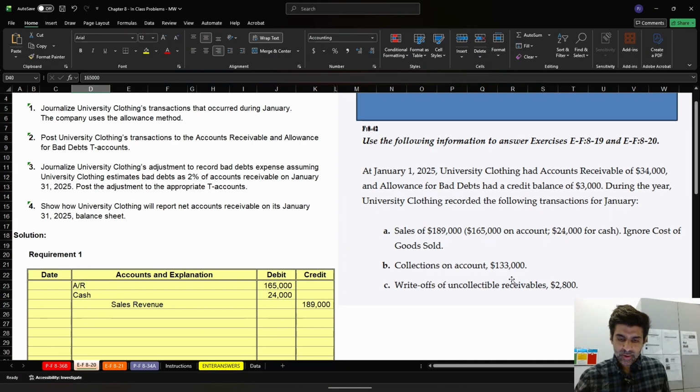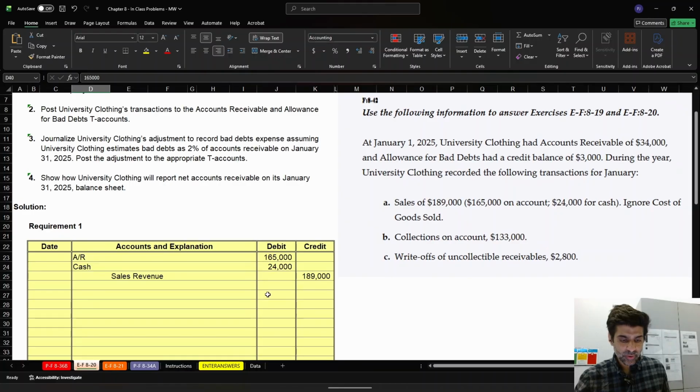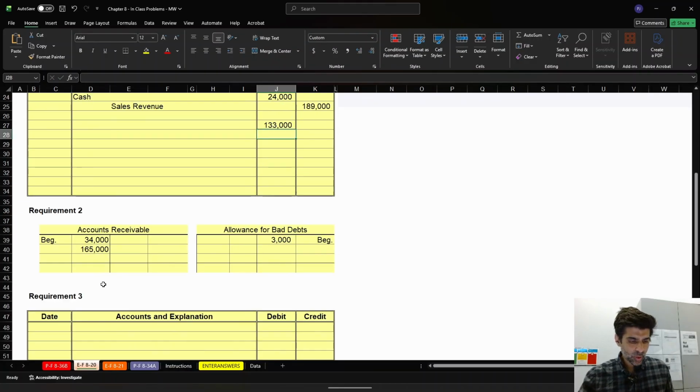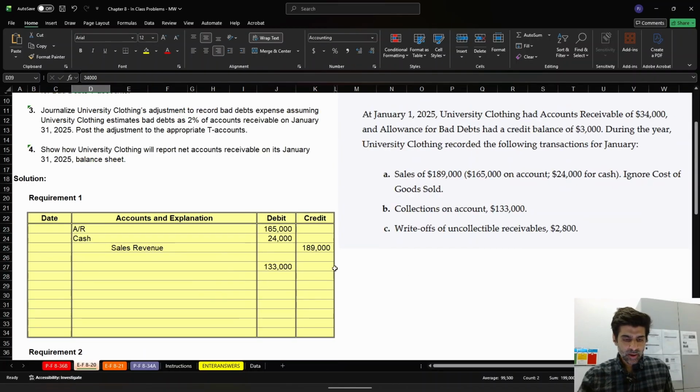Collections on account, 133,000. So what that means is that of this total, right now we have 199,000, and 133,000 of that got collected. Those customers paid us, so we're receiving cash and we're reducing accounts receivable.